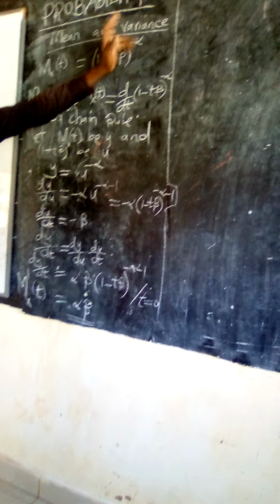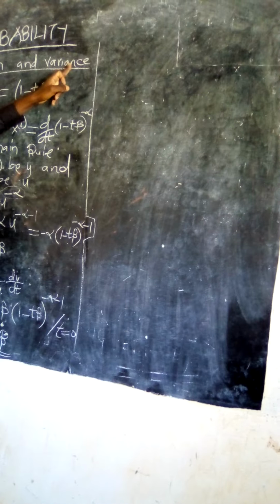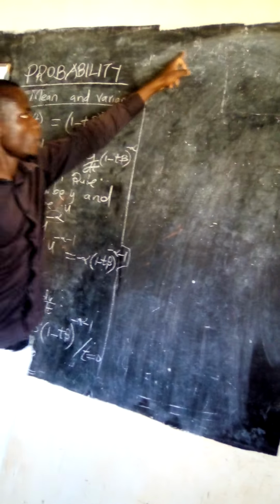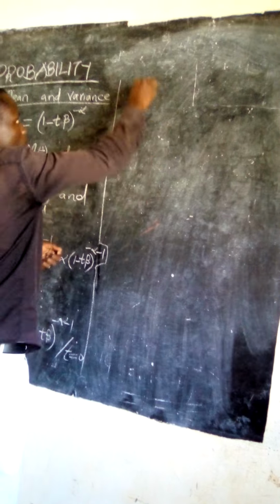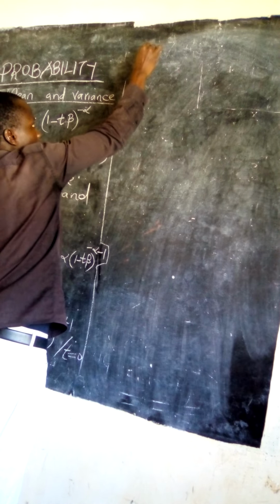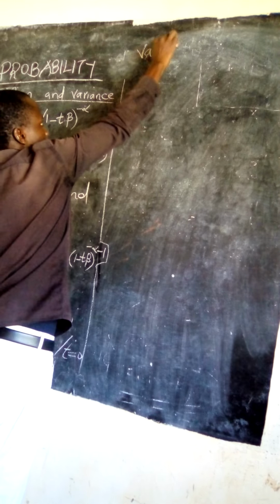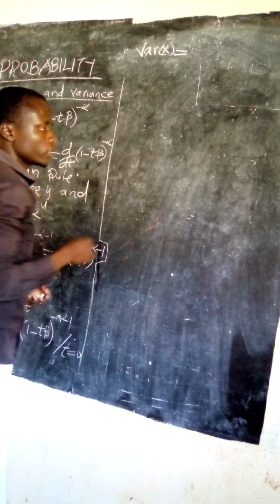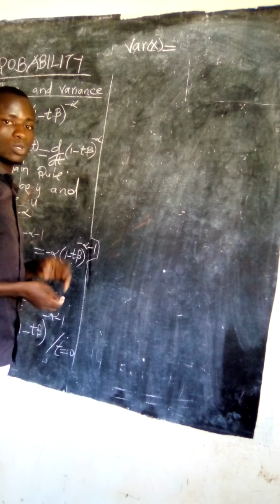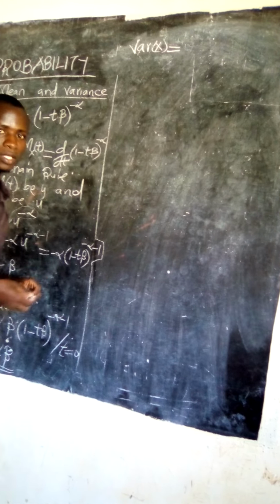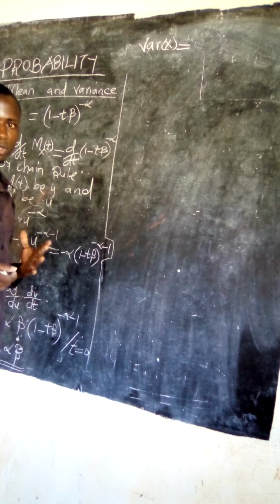Let us now go further and get the variance. I'll come here and get the variance. Remember the formula for the variance of x, because it is very important to know the formula before you work it out, so that the formula will guide you. What do you require?